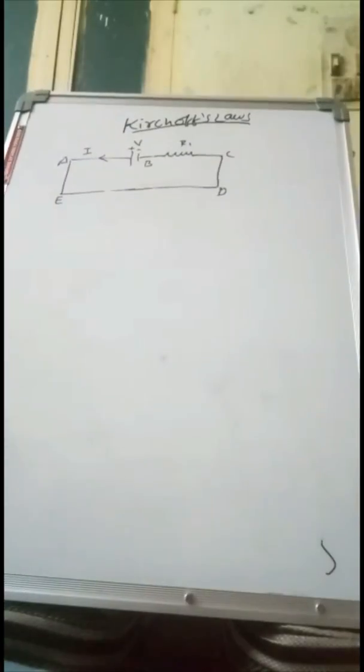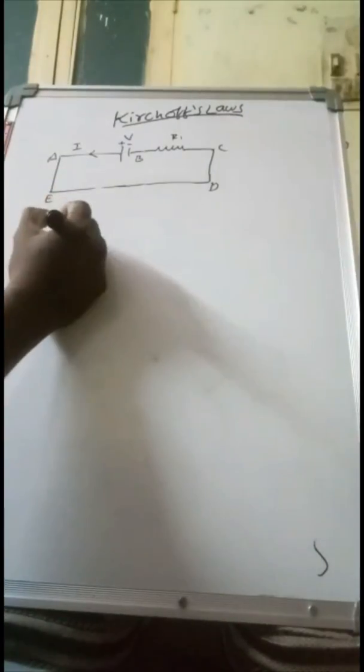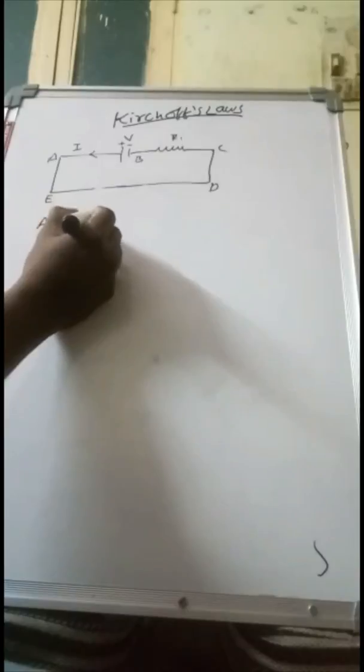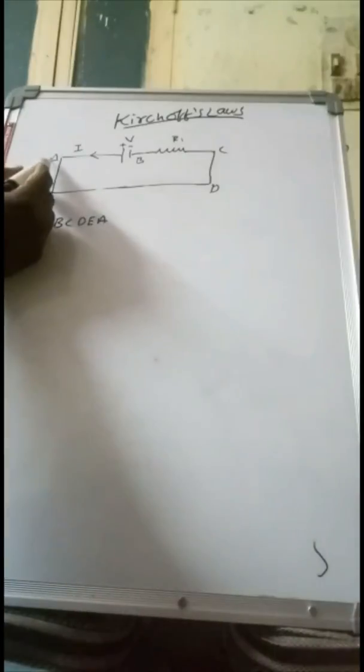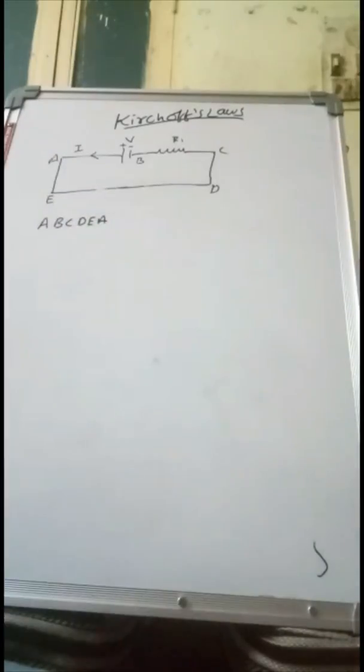If you take a simple loop like this, say A, B, C, D, E, A. A loop means to start with one point and end with the same point.